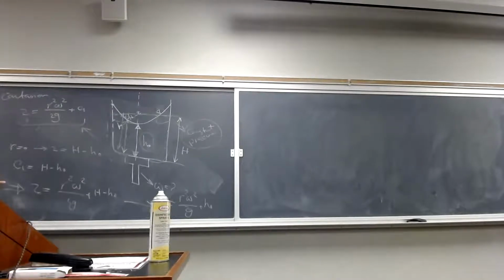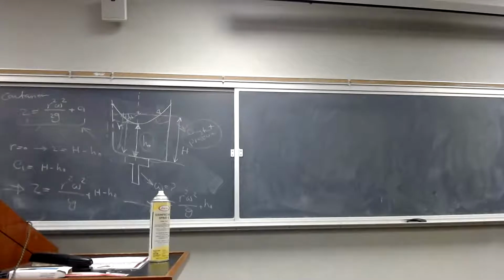One thing we can think of is to find the parameter that is not changing between the two points: the initial point when there is no rotation, and then a final point when we have already applied the rotation and the fluid is already stable. So all of the fluid particles are moving at omega velocity, right?